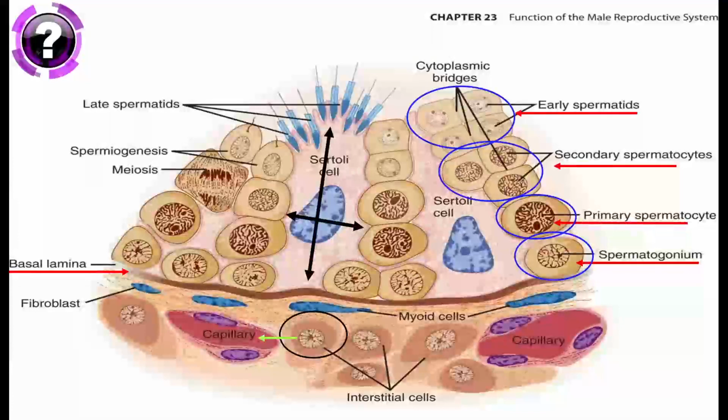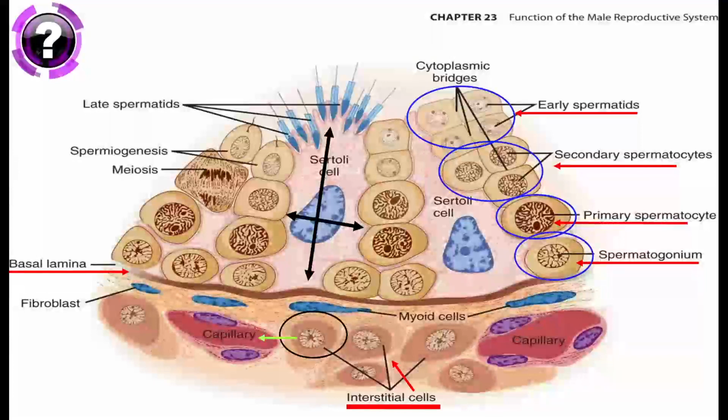And then we have the early spermatids, the very early beginning of forming the sperms. And spermatids, they have to change shape, and through a process of changing the appearance and the structure, which is called spermiogenesis.